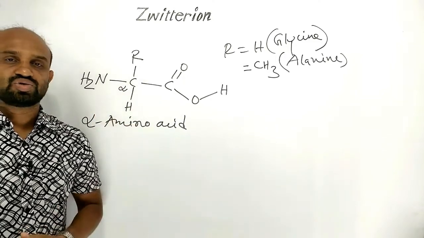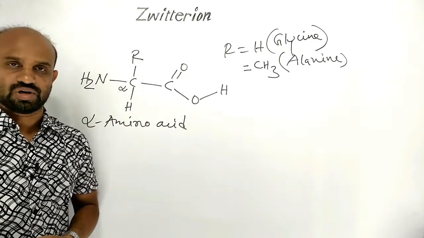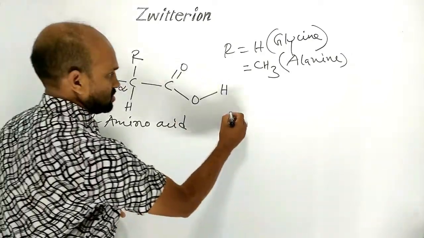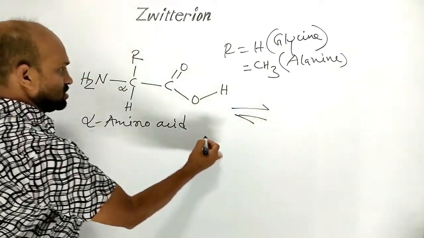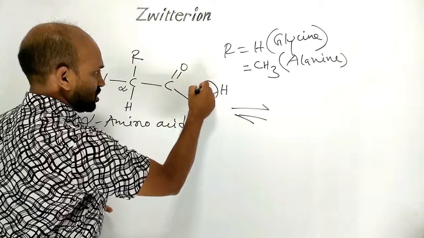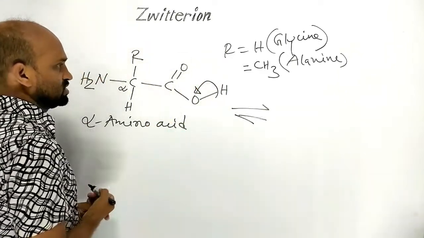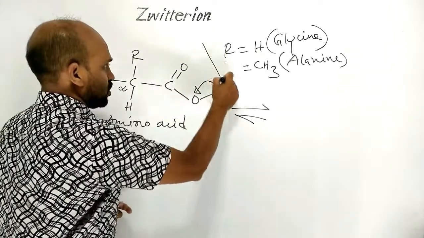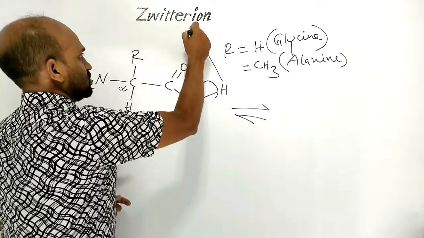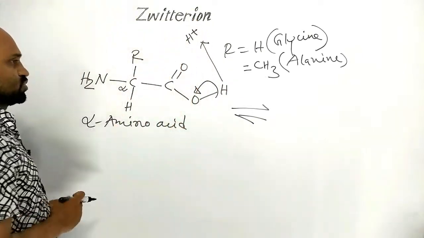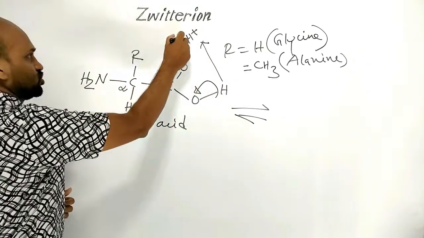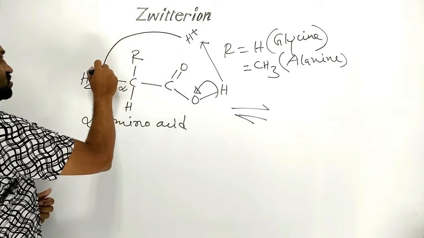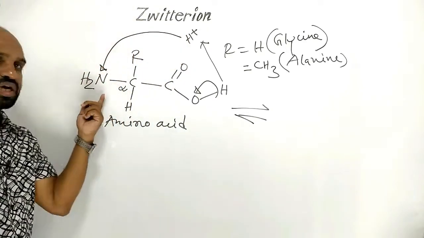Let's see Zwitterion formation from alpha amino acid. Here this bond undergoes heterolytic fission, from which a proton is produced. This proton combines with the basic part, the amino group.